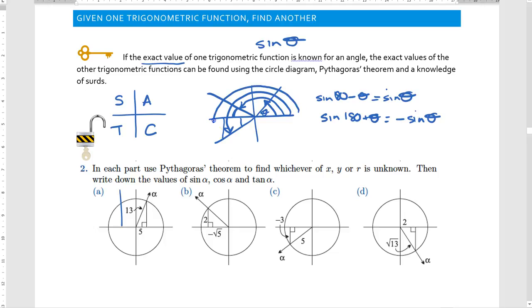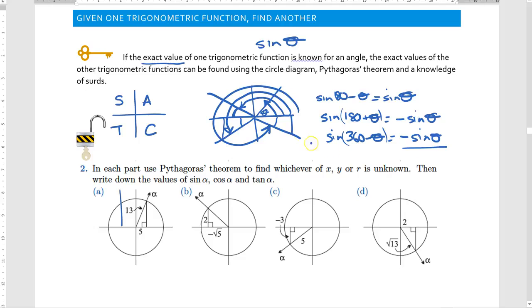And finally, if I go right around here into the fourth quadrant, so that I am theta short of the horizontal, so that the angle relative to the horizontal is 360 minus theta, then that works out to be, again, minus sine theta, because the y-coordinate is minus, and the radius is again positive. So sine of 360 minus theta is equivalent to minus sine theta.